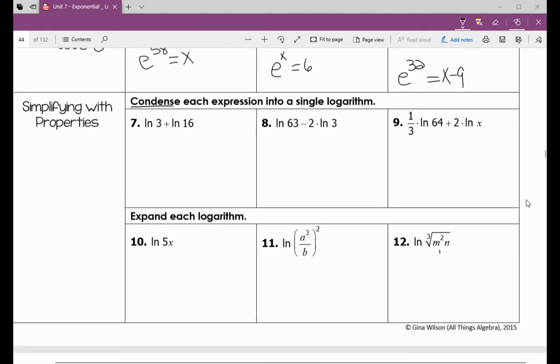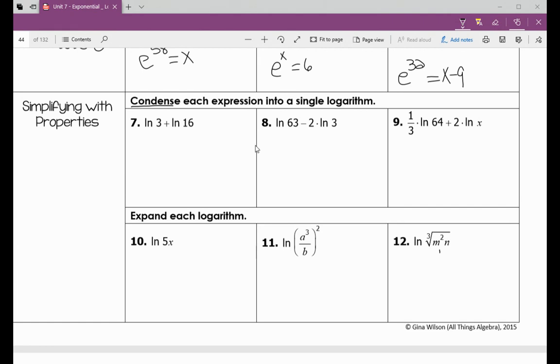So what I'm going to do is go back over the properties real quick, because what you can do with log properties, you can do with natural log properties. So if you have log of m times n, you can rewrite that as log m plus log n.